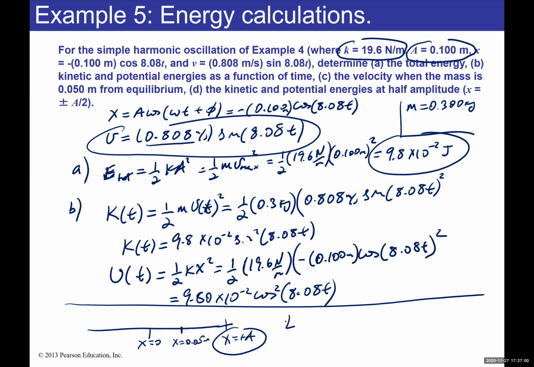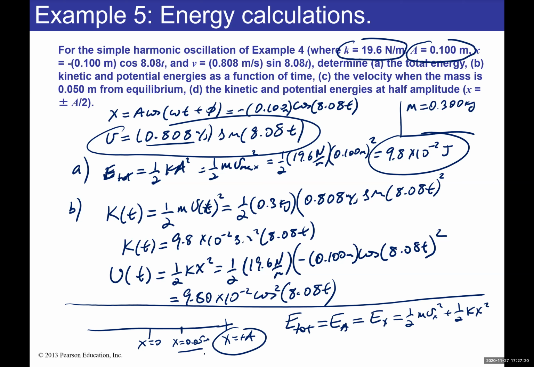That means the total energy is equal to the energy at point A and also the energy at some point x. The energy at some point x is equal to 1/2 m vx squared plus 1/2 k x squared.